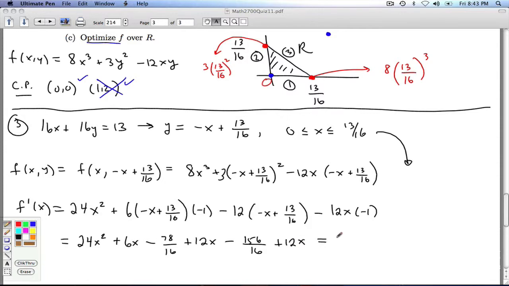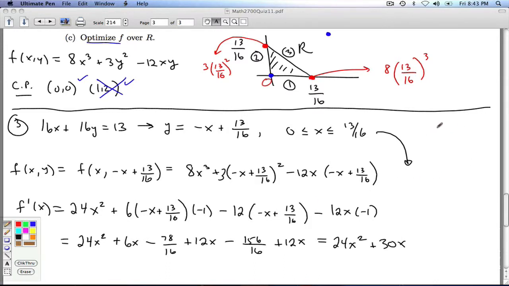So I'm going to get 24x squared. How many x's do I get? 30. And this better work out to something good. I got 78 and 156 over 16. Well, I can divide 4 into each of those. Don't know why I didn't do that. No, I can't. I can do 2. So let's see.